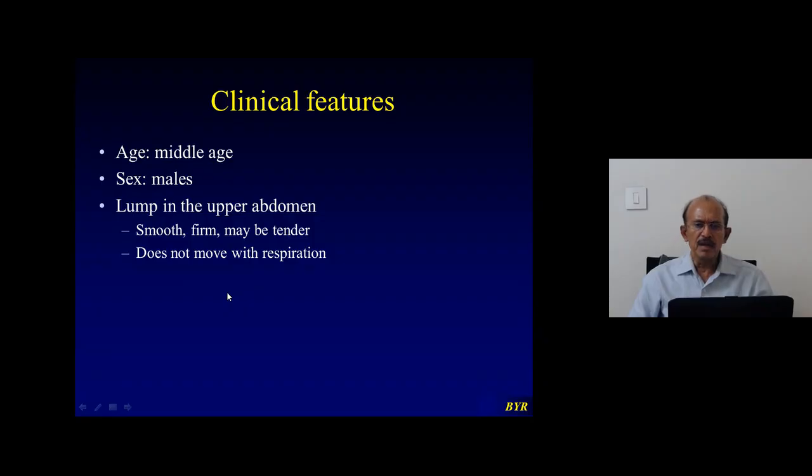Kidney is not an intraperitoneal structure, but it moves on respiration. Why? Because the kidney is enclosed in three capsules: a true capsule, a fatty capsule, and a fascial capsule. Within the fascial capsule, the kidney has some slight movement. That means it is mobile and it is related to the diaphragm.